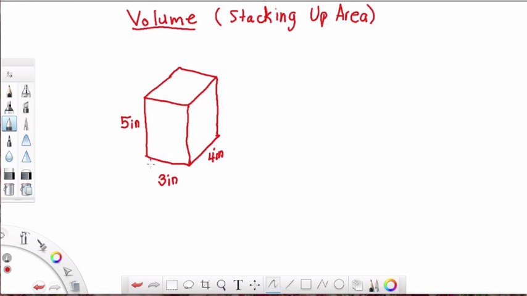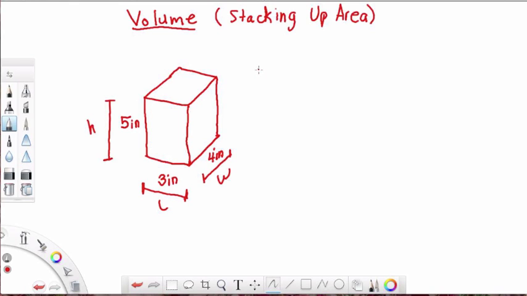But when we deal with volume, we have three dimensions. We first have the length. Sometimes all these labels can get a little confusing. Then we have the width over here, and finally, we all agree on this, this is the height. It's how tall our geometric figure, or our solid, is.